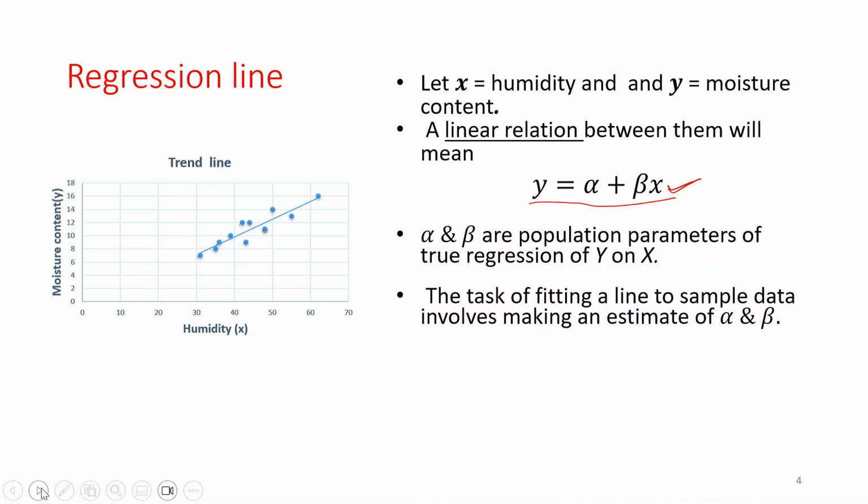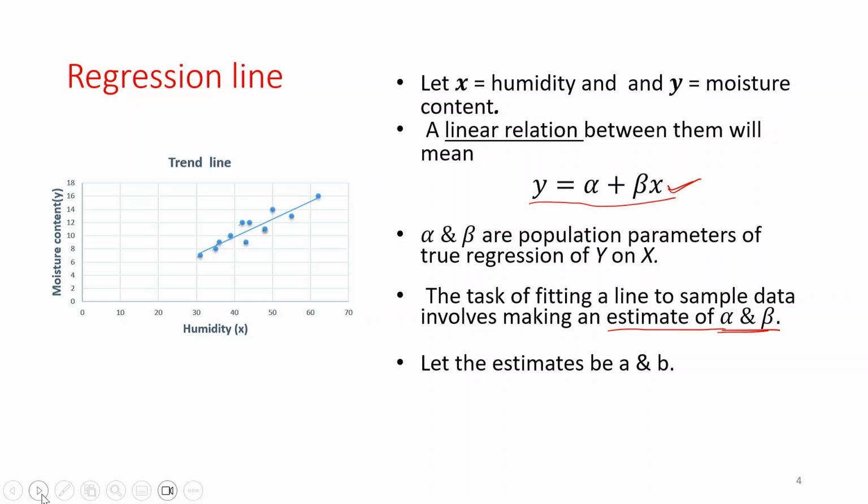So our job is now to fit a line to the sample data by estimating the values of alpha and beta. We will never know the actual values of alpha and beta, but we need to get an estimate.